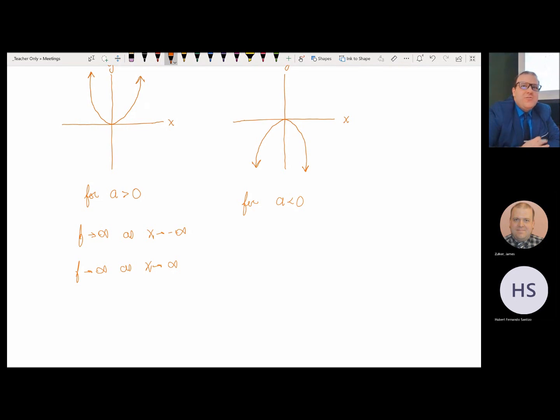Well, for a less than 0, f is decreasing without bound.